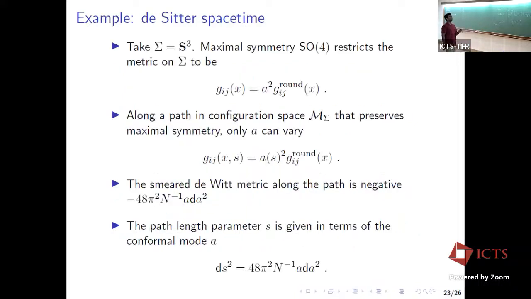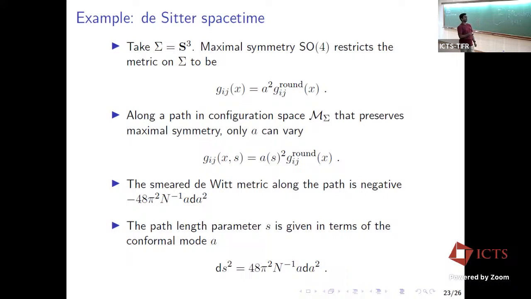We take sigma to be the 3-sphere, and maximal symmetry restricts the metric on sigma to be proportional to the round metric on S3. There's just a radius which is free to change. So along a path in a region of configuration space where maximal symmetry is preserved, only this radius can change. If I take a path in the configuration space and look at the metric along the path, the only path dependence can be here, on the path parameter s.